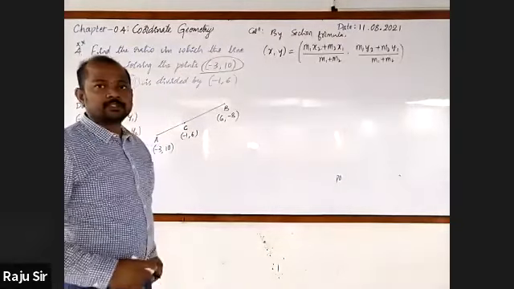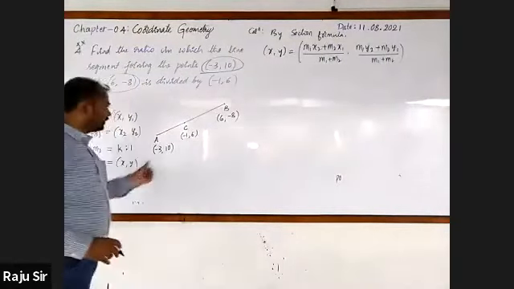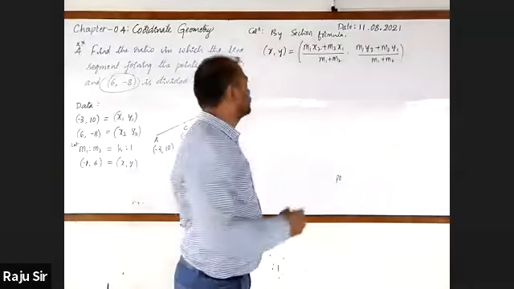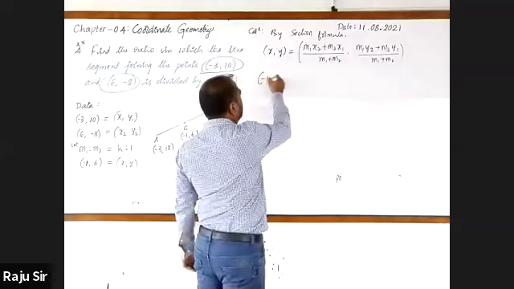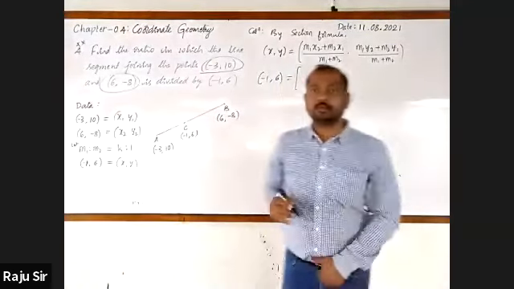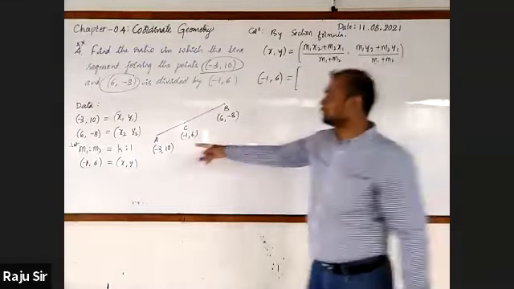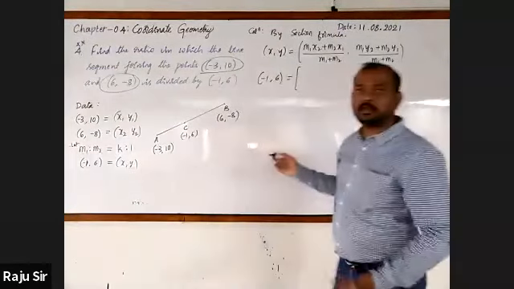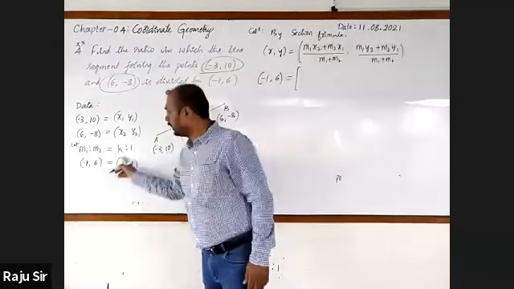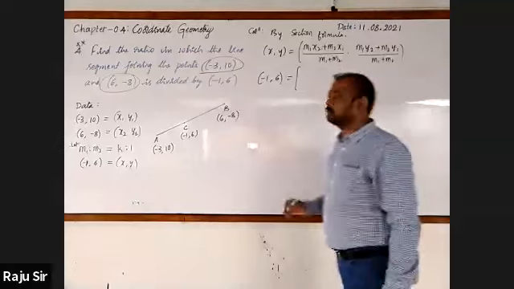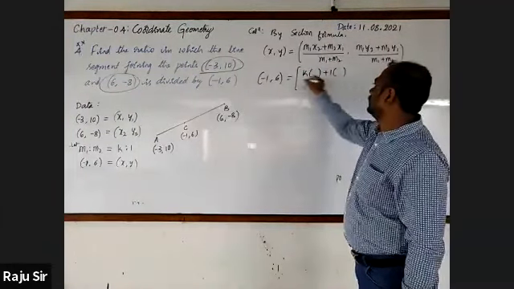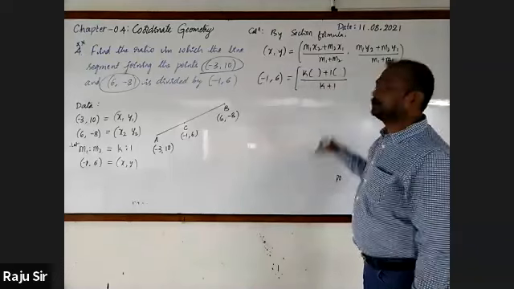Now you may go for substituting. x comma y is already known. It is minus 1 comma 6, equal to m1 and m2. We have assumed that ratio as k is to 1. Write k in place of m1 and 1 in place of m2. Here k into x2 plus 1 into x1 by k plus 1.